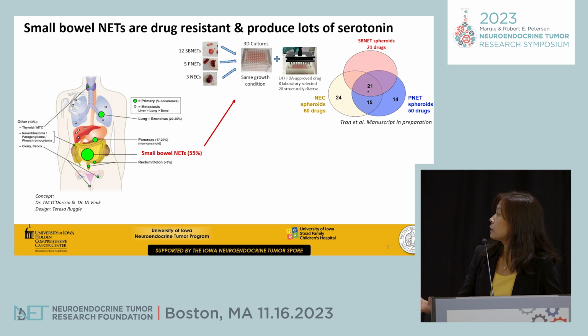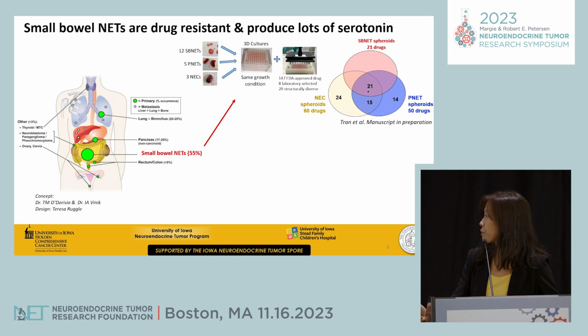As you can see here, the summary of this is that the small bowel neuroendocrine tumor spheroids are only sensitive to 21 drugs of the 175 that we tested, in comparison to PanNET spheroids, which were sensitive to more drugs, and the neuroendocrine carcinoma, which were actually sensitive to many more drugs.